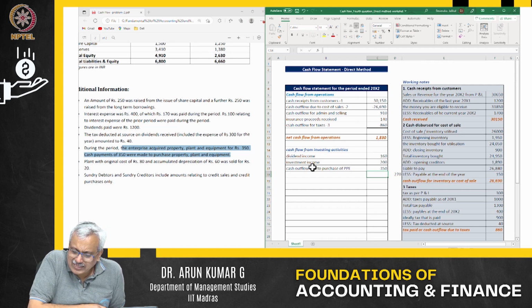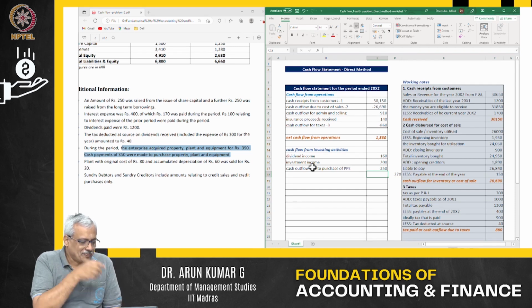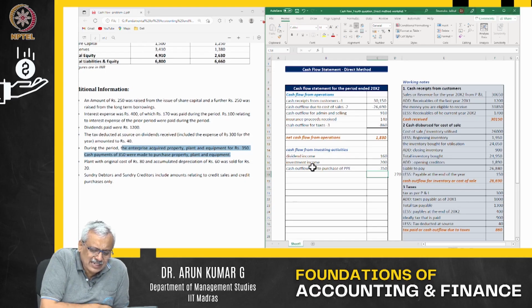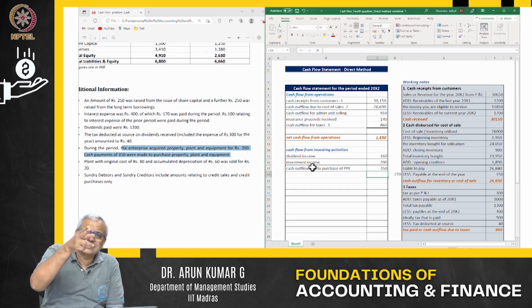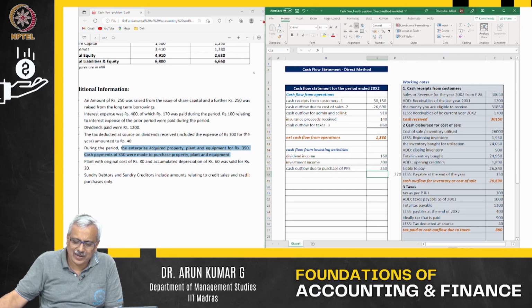But sir, you say the net purchase is 270. Let's wait. Let's read the next statement. Plant with original cost of $80 and accumulated depreciation of 60 was sold for $20. Let us keep the first part only. Plant with original cost of $80. What did we take here?